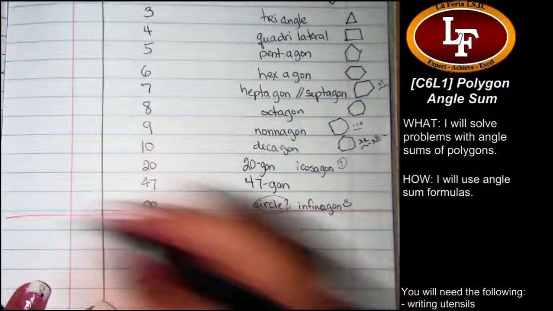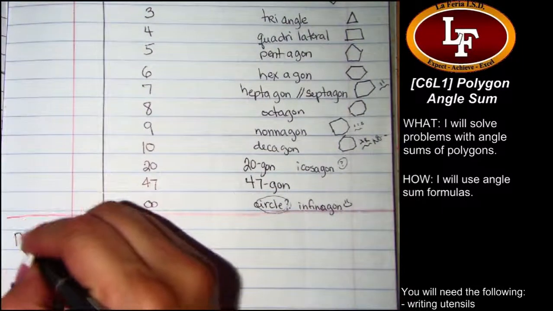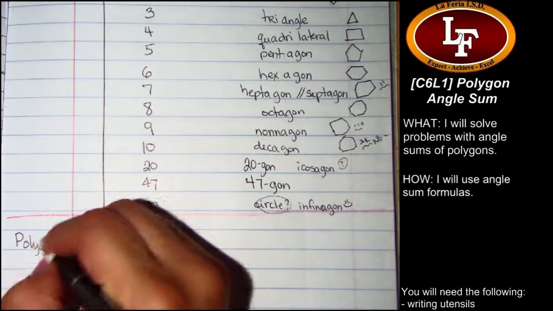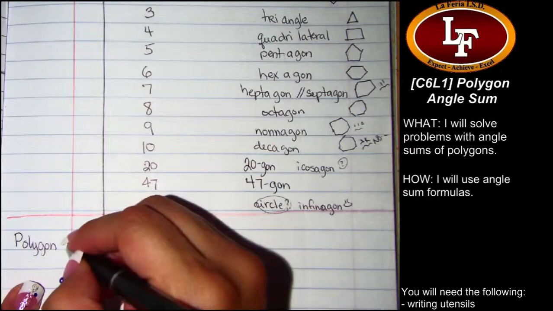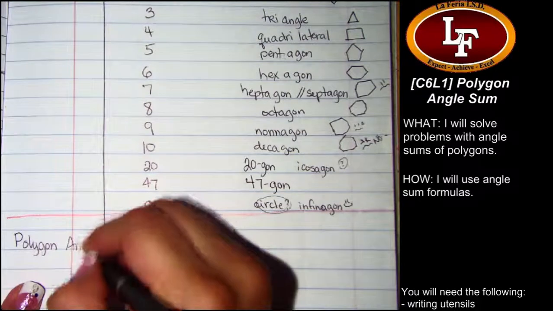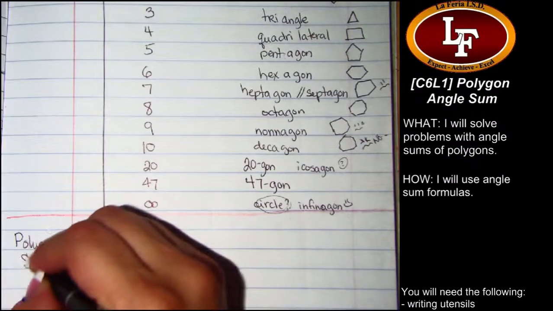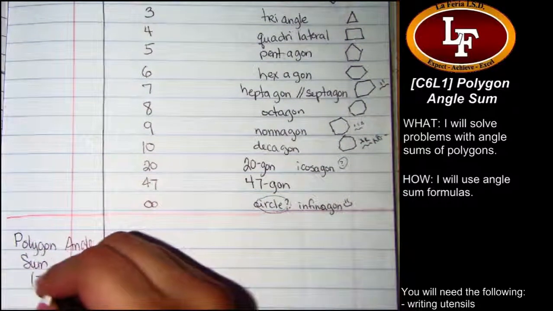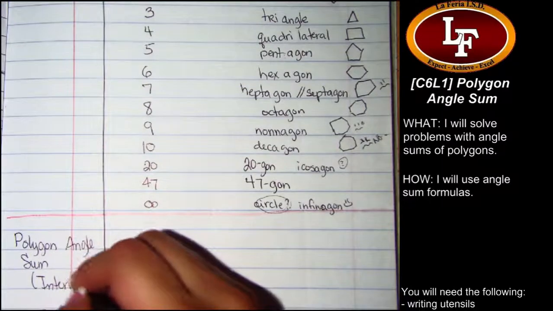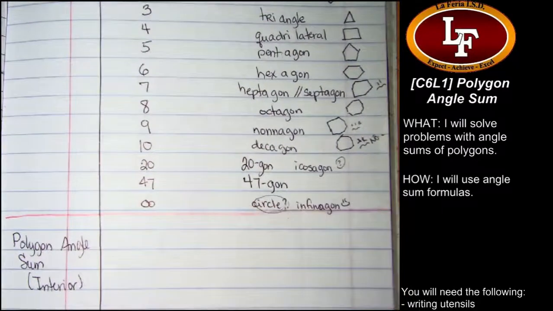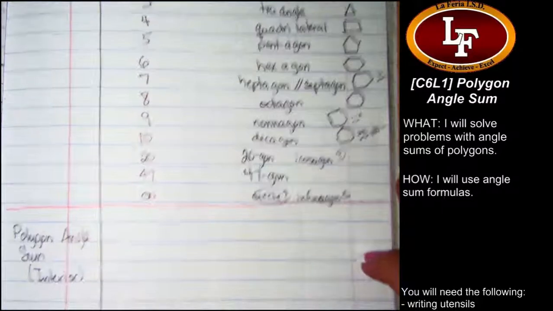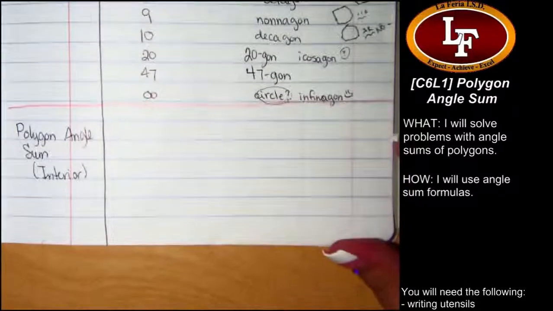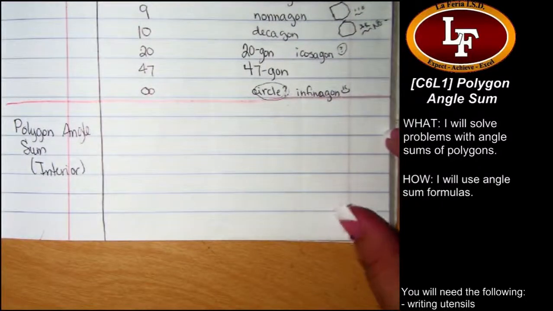All right. This allows us to talk about the polygon angle sum. And this is for the interior angles. Notice how we weren't specific. When we're not specific, we typically mean the interior angles.